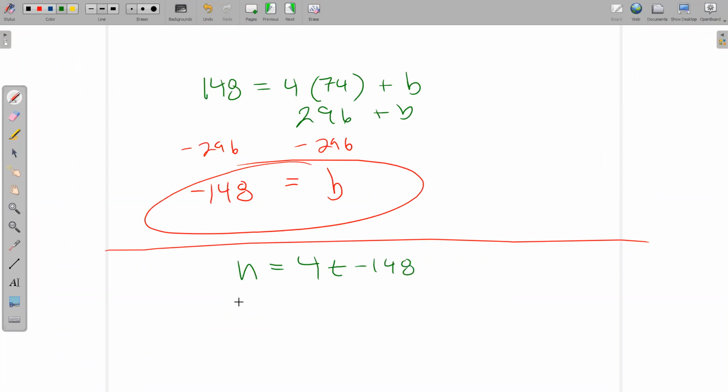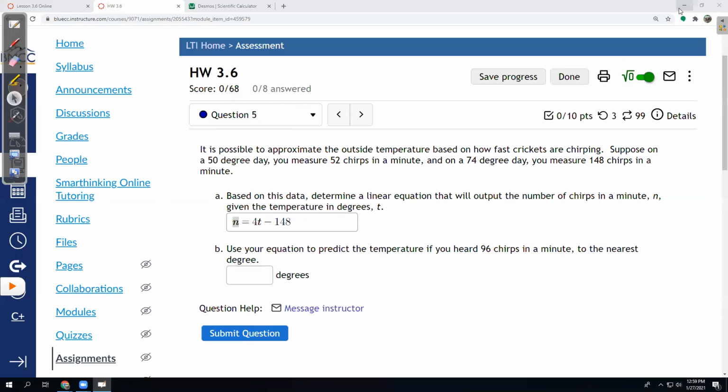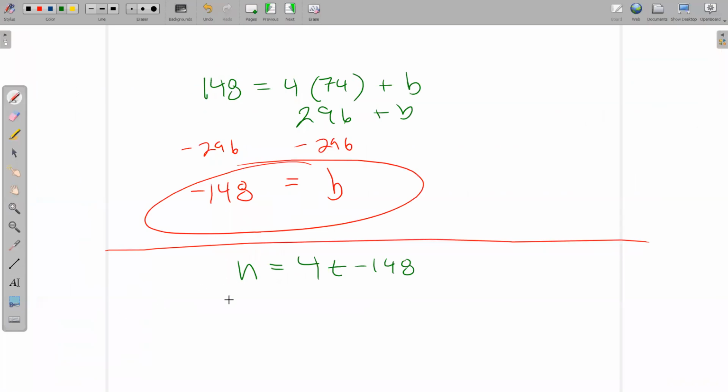They told me there were 96 chirps, I think, in my example. So I would just replace the n with the 96 and then solve this equation for t to guess what the temperature was. So I'll leave that as an exercise to you all.